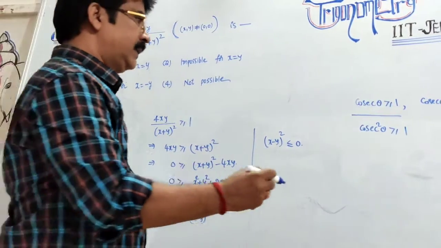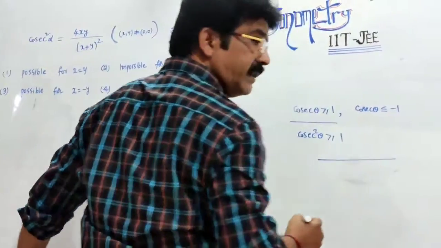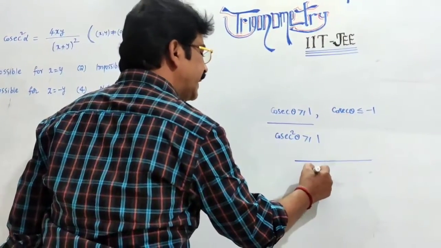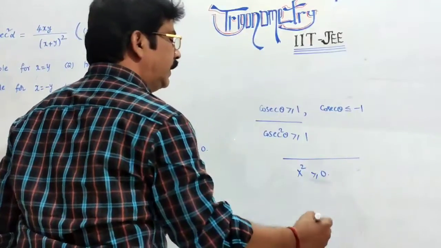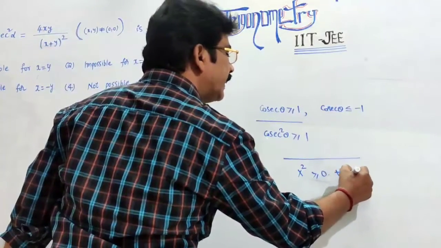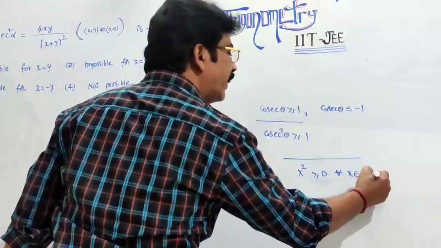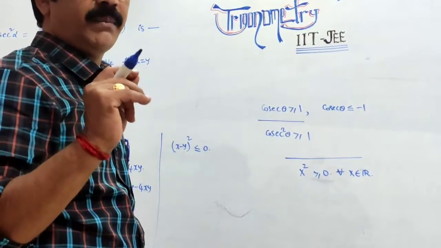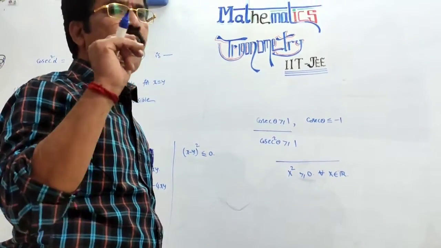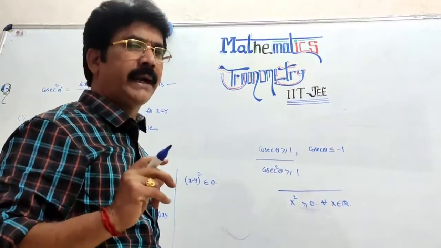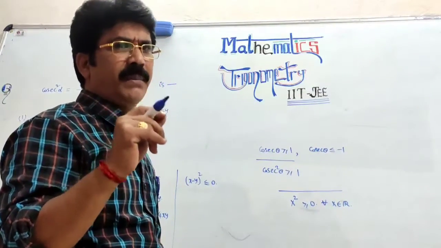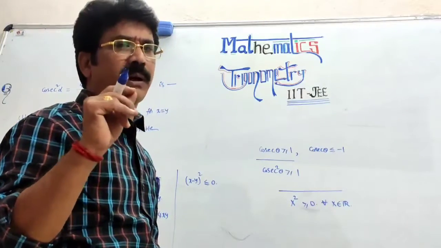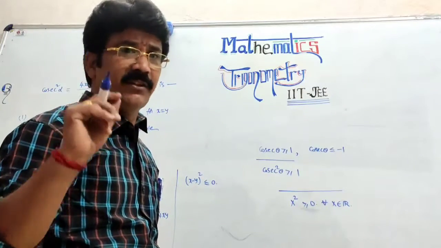Here comes the most important point in mathematics. Something, capital X whole square, is always greater than or equal to 0 for all capital X belonging to the real numbers. You can take any real number. For example, 0: 0 whole square is 0. Take a positive real number, 3: 3 whole square is 9, which is greater than 0.